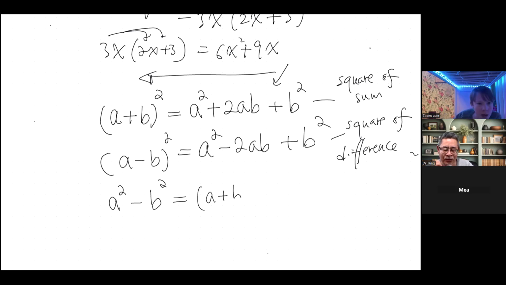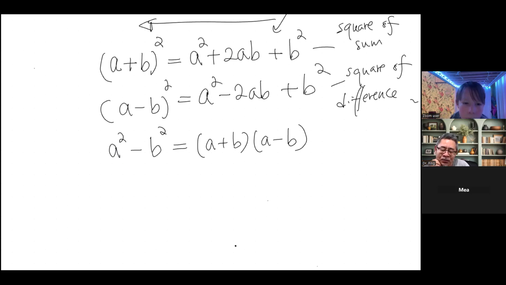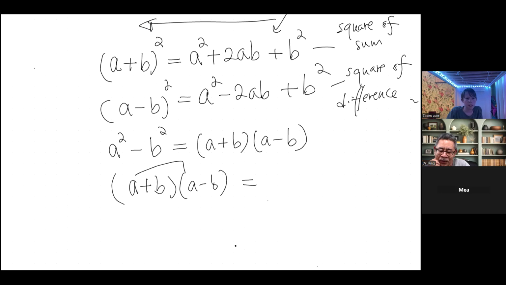And this actually gets used a lot in algebra. And the same thing, we can actually verify it. Well, we can see (a + b) times (a - b), same thing, distribute it. It's got a squared, this times that, negative ab, and this times that, ab, and then b times negative b is negative b squared.